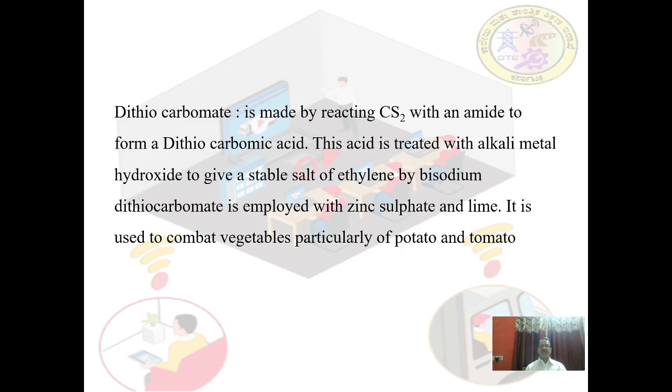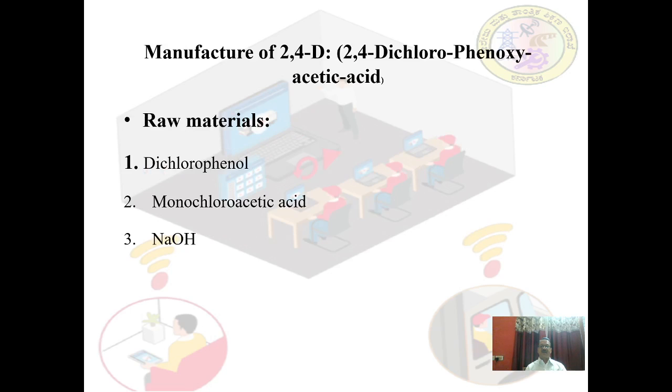It is used to combat blight in vegetables, particularly potatoes and tomatoes. Next, we'll see the production of 2,4-D, that is 2,4-dichlorophenoxyacetic acid.